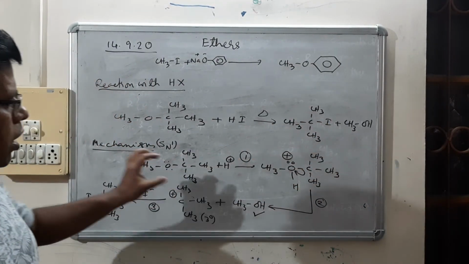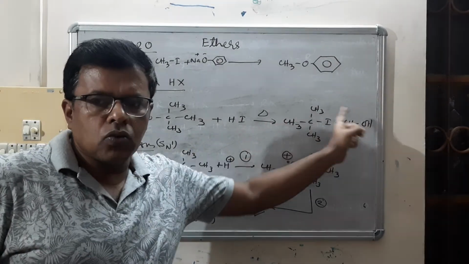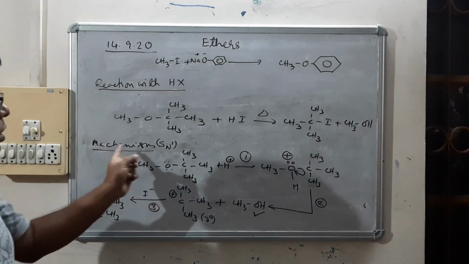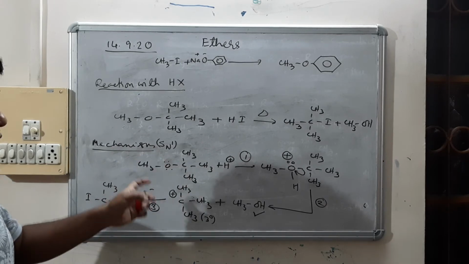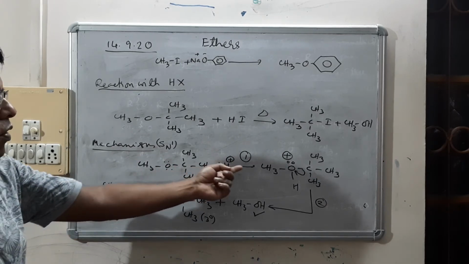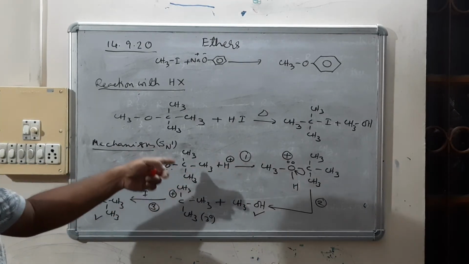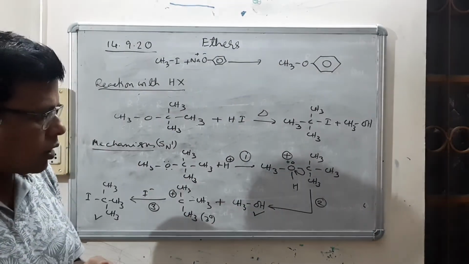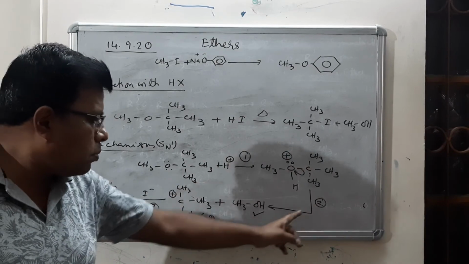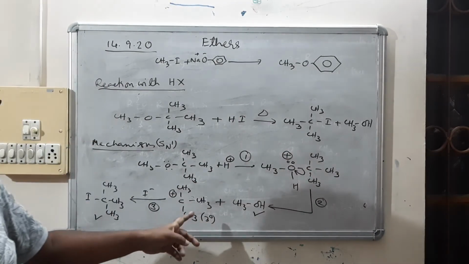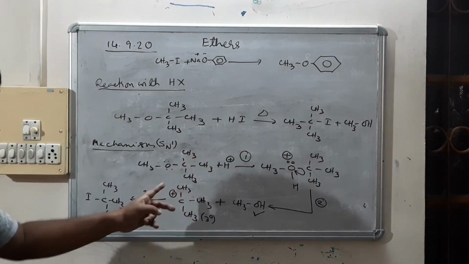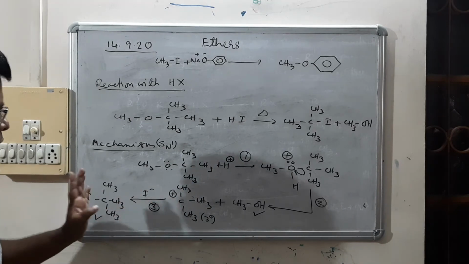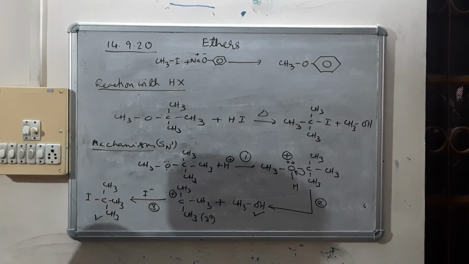So we are able to explain the formation of these two products very nicely by this SN1 mechanism. Let me tell once again. First step is protonation. Second step is not nucleophilic attack, unlike the previous case. Second step is ionization leading to formation of carbocation, and third step there is nucleophilic attack resulting in the product. SN1 mechanism.